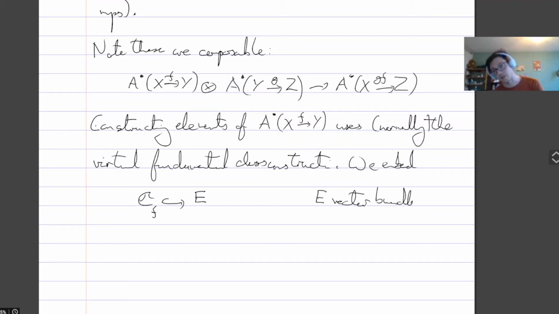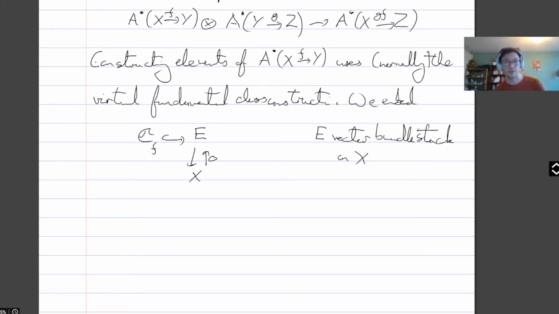It's not quite a vector bundle, but it's a stacky version of a vector bundle on X. And it's enough like a vector bundle that it has a zero section, and then we intersect the push forward of the class here with the zero section here. So we take, I'm going to write it subscript E, zero E upper shriek, of the class of this cone.